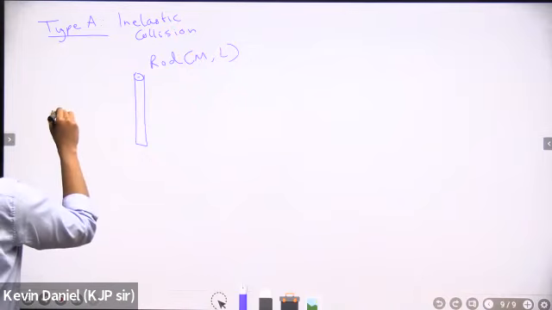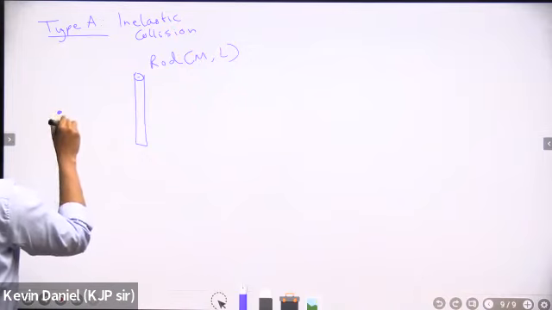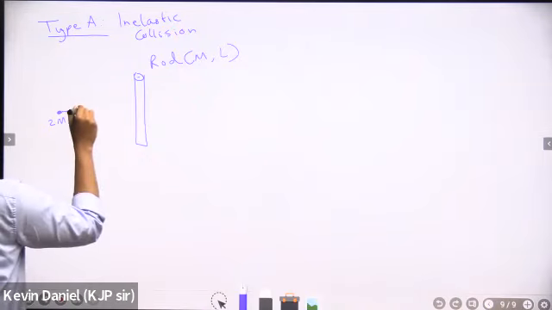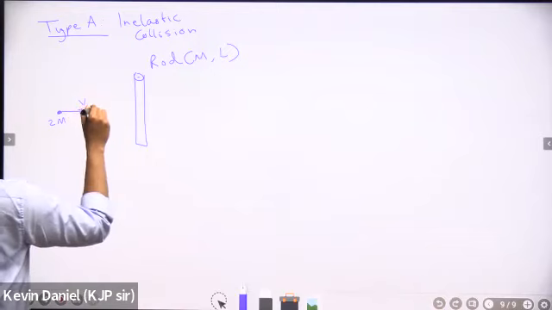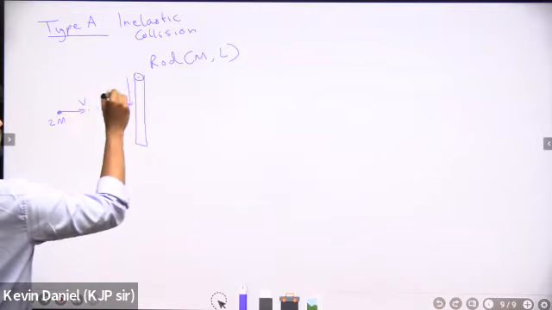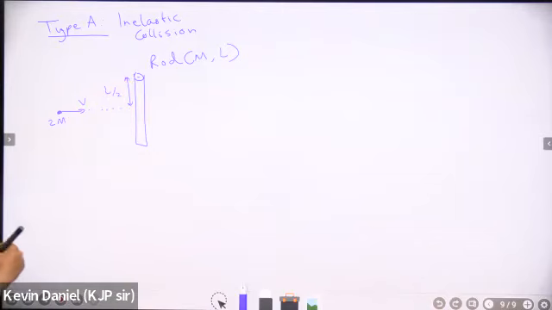And a particle of mass 2m is thrown at the rod with velocity v, and that particle is headed for a point which is l/2 distance below the hinge. And it's given that the collision is inelastic.